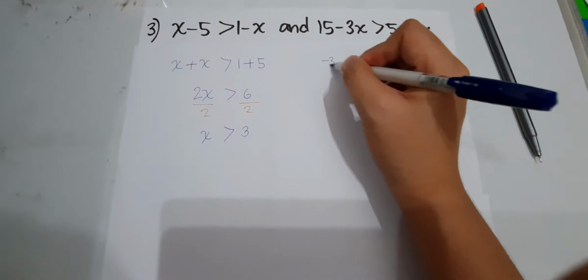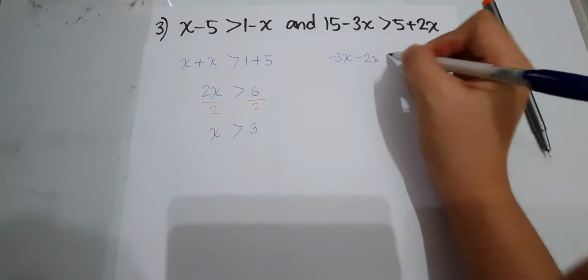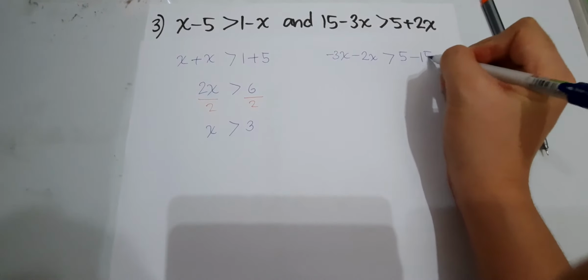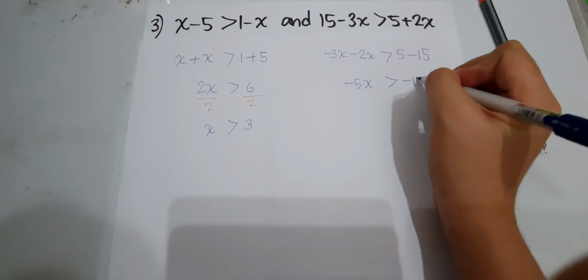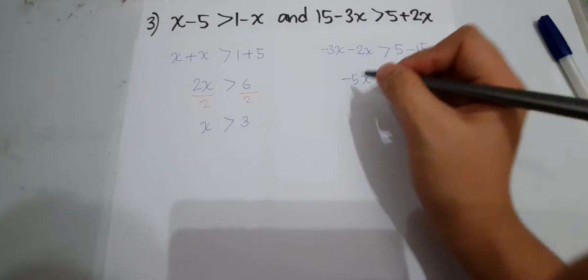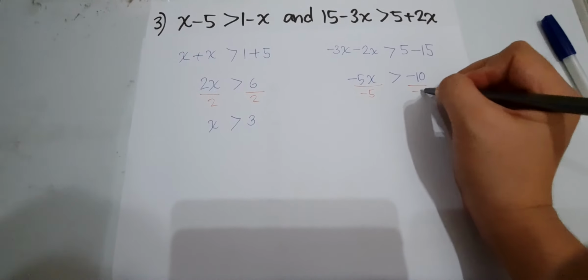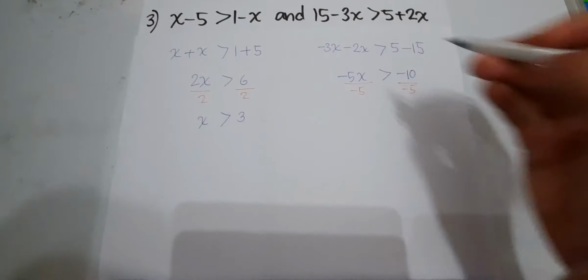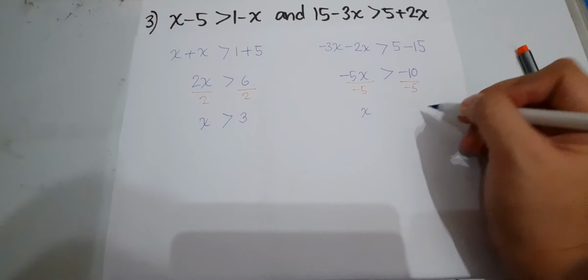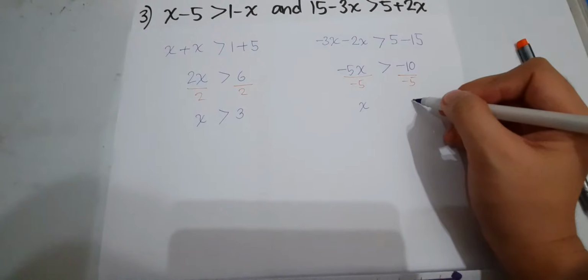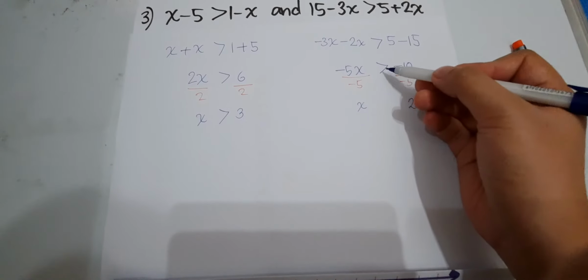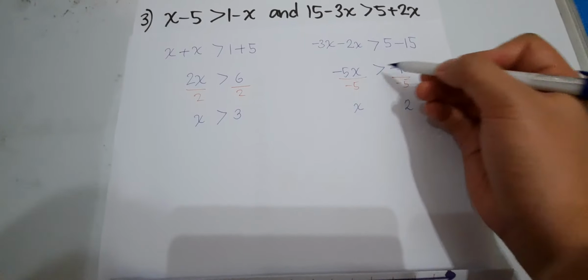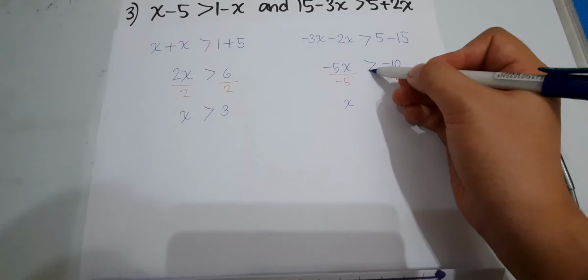Here we will combine all x together and the numbers together. So this will be minus 5x greater than minus 10. We will divide both sides by minus 5. Okay, so we only have x on the left. This negative gives us positive 2. But this is greater than, and we divided by a negative. So take note, when you divide by a negative, change the sign.